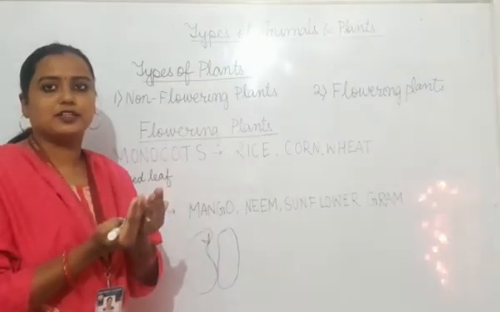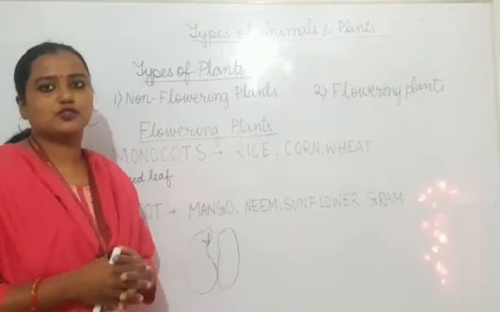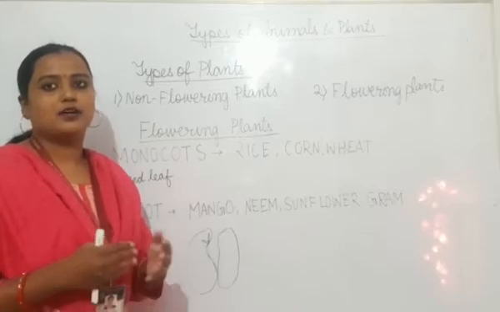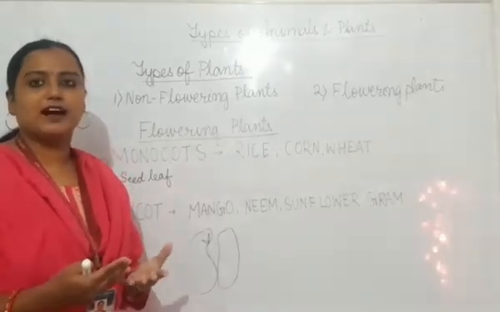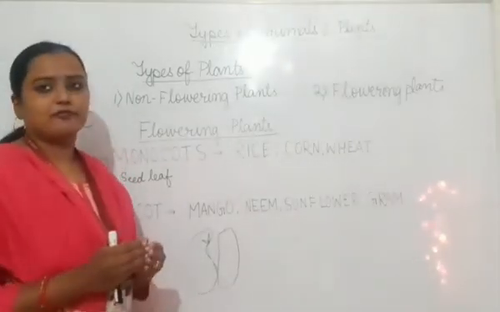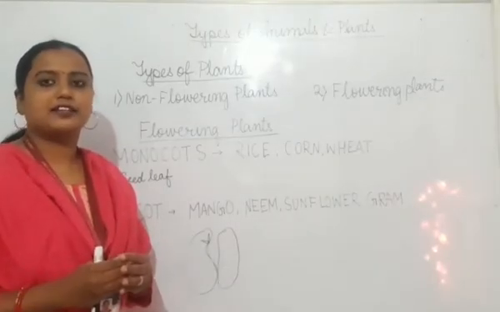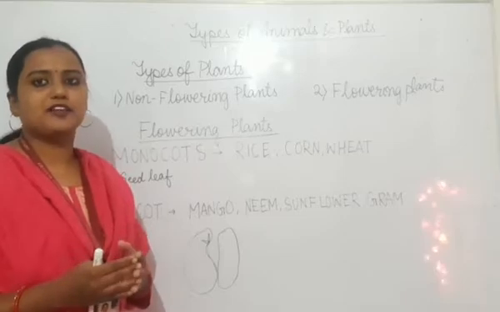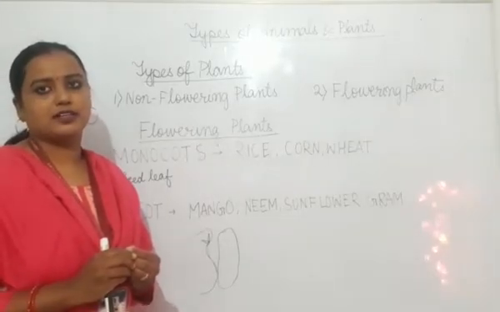If you eat gram seeds, what do we do? We soak grams overnight, and in the morning the grams become bigger in size. When they become bigger, they become soft, and it becomes easy for us to remove the seed cover of the gram seed.